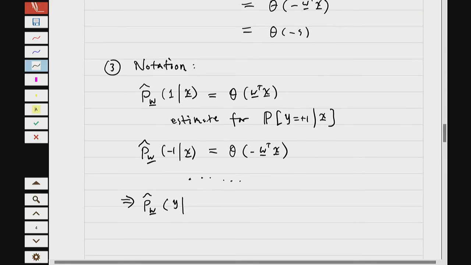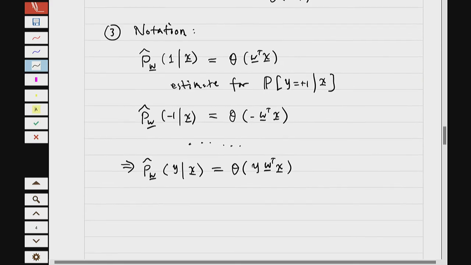I can replace this by a general y. The y can be either +1 or -1, just a label. Now you see, it only changes the sign. So I can write it as theta of y times w transpose x, like that. Where have we seen this before? Yeah, the PLA, the perceptron learning algorithm, when we explained why it works in an intuitive way. So this guy shows up quite often, and that's why it's an important form in this type of linear learning.